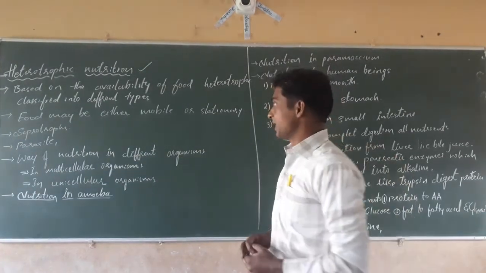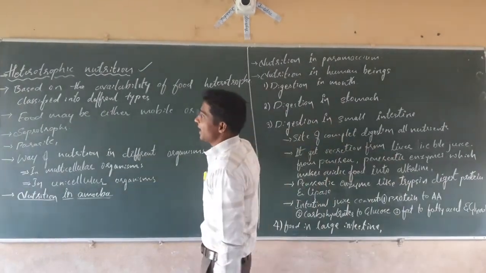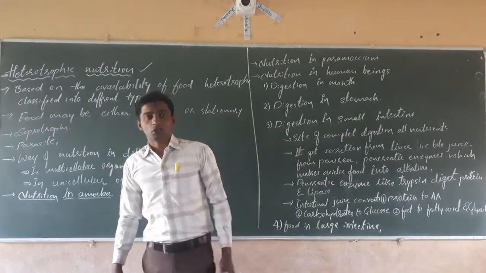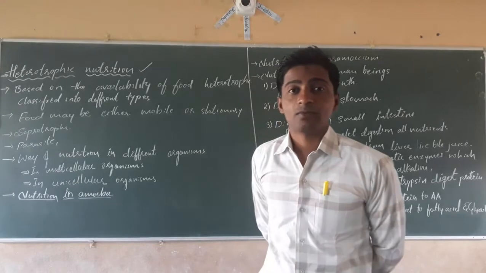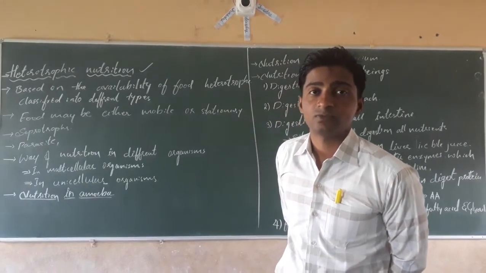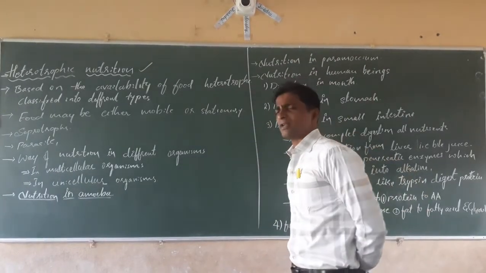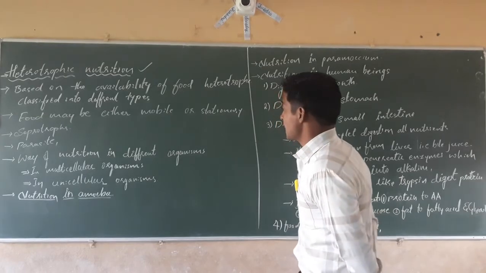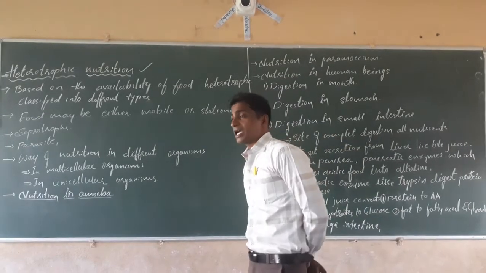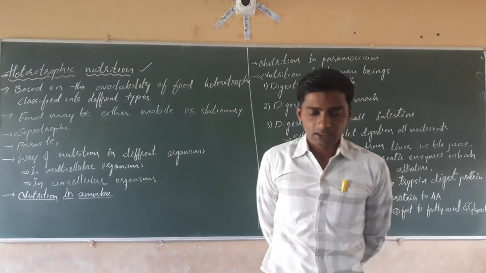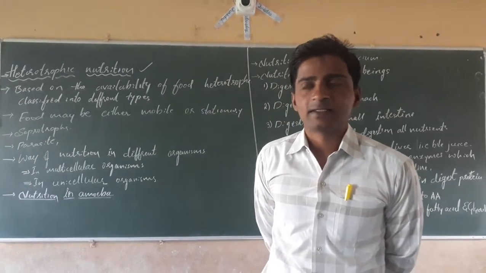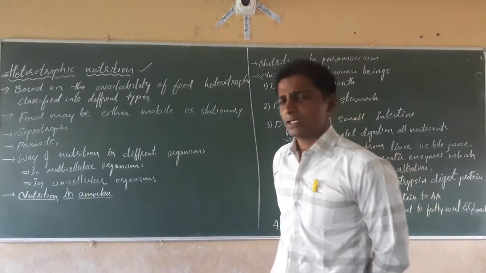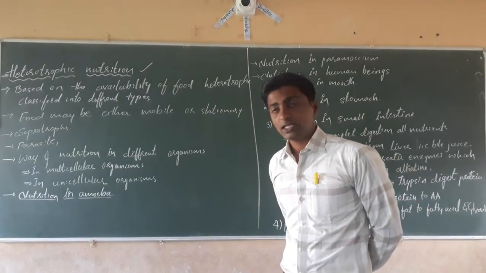Based on the availability of food, we can divide the heterotrophic mode of nutrition mainly into two types: stationary and mobile. Then we classify further into different types, such as saprophytes, parasites, and detritus feeders.